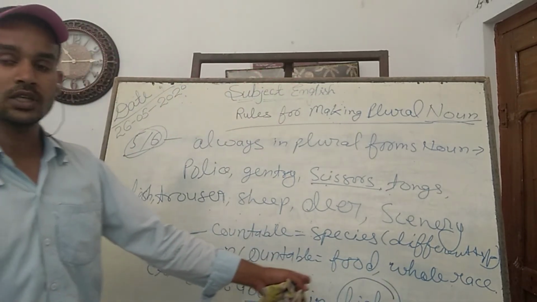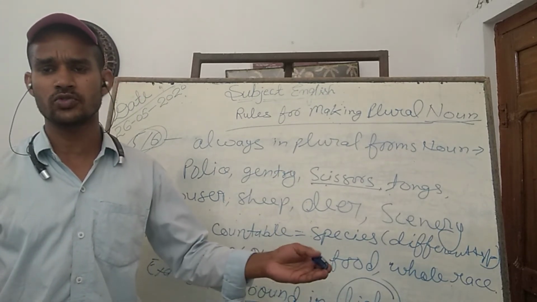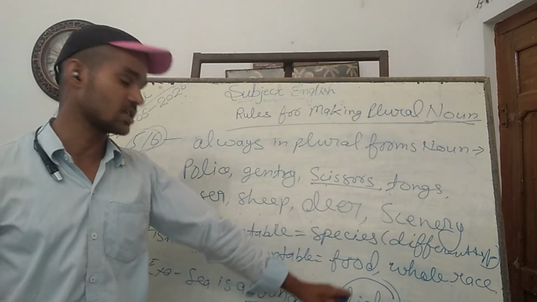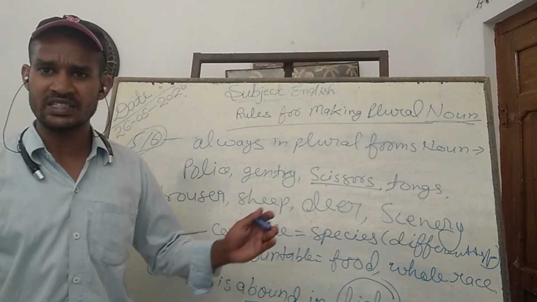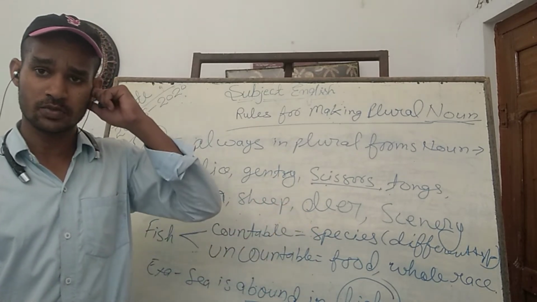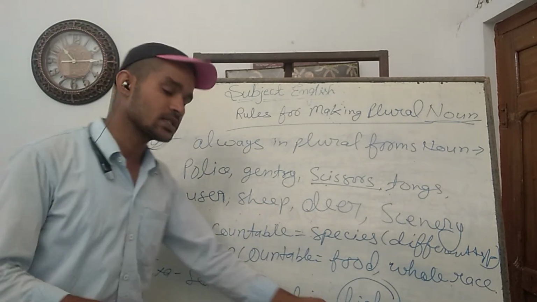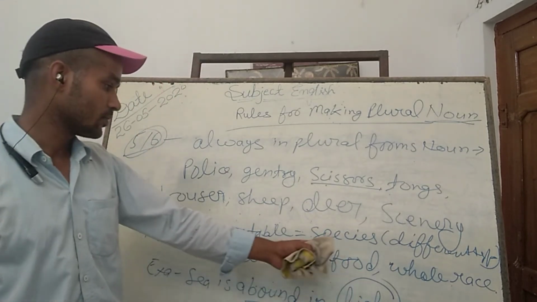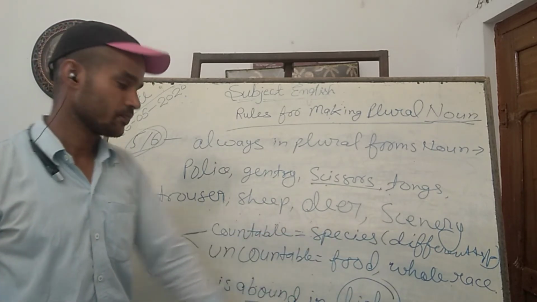Fish here shows the sense of plural, because in the sea there are thousands and thousands of types of species of fish. Fish, sorry, not fishes, fish. मतलब समुद्र में मछलियों की हजारों हजार प्रजातियां हैं, लाखों लाख प्रजातियां हैं. We don't know all species of the sea related to fish. So here, species is a countable noun and it is in plural form.